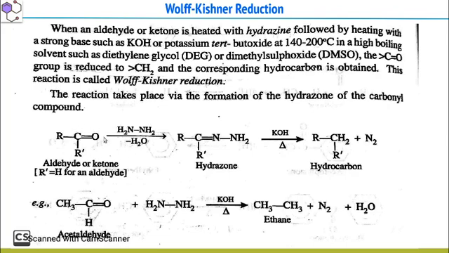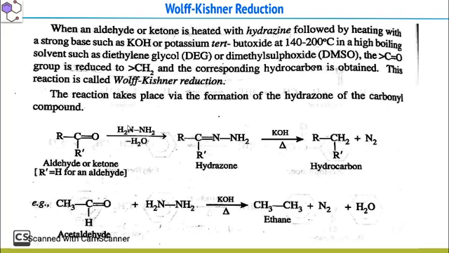So what is happening in Wolff-Kishner reduction? When we treat an aldehyde or ketone with hydrazine, NH2NH2, we will get a hydrazone. This is an intermediate in Wolff-Kishner reduction. So what is the intermediate in Wolff-Kishner reduction? Hydrazone.